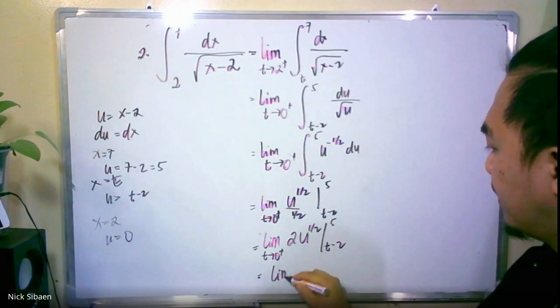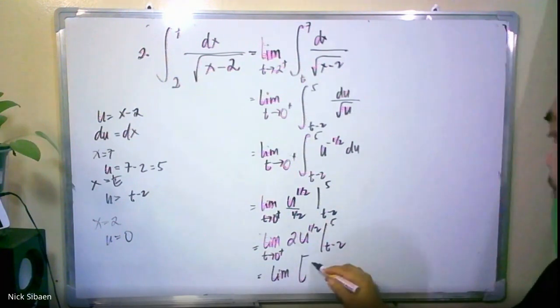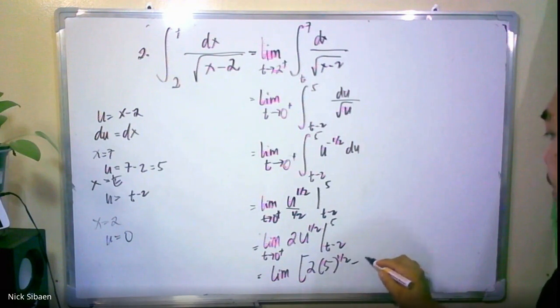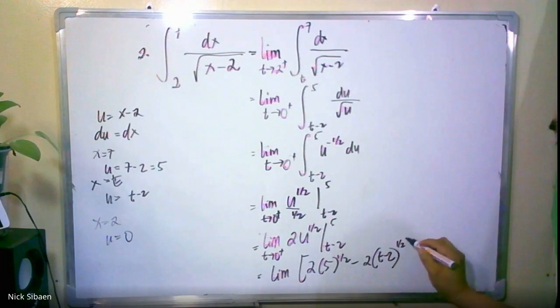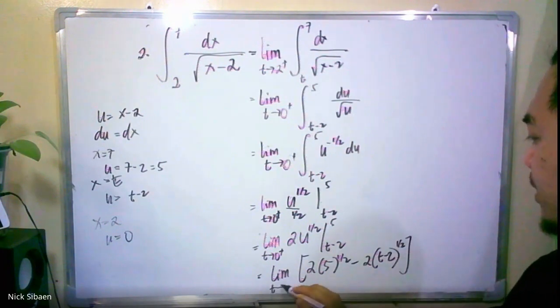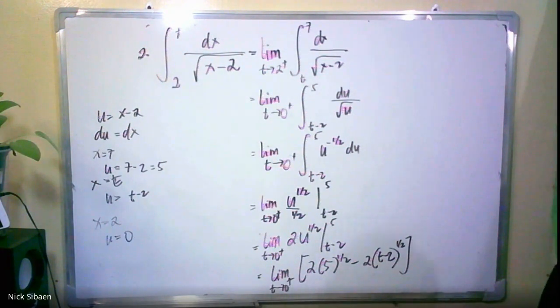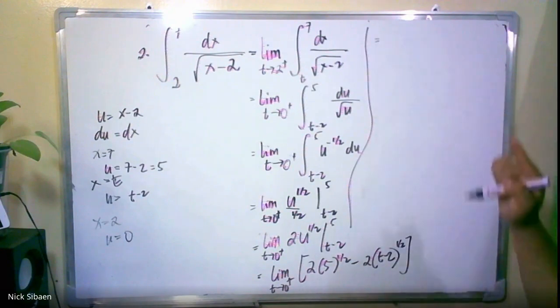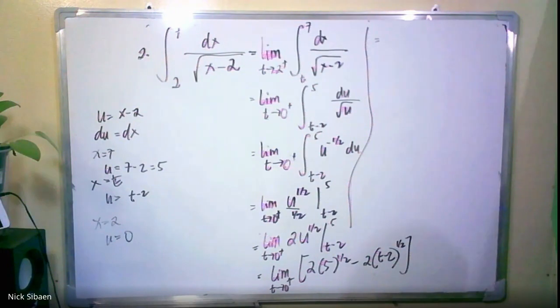FTC, limit of 2 times 5 raised to 1/2 minus 2 times (t minus 2) raised to 1/2, as t approaches 0 from the right. Okay, so the next step is to compute for the limits. So this is again a constant, so kopyahin lang natin yan.